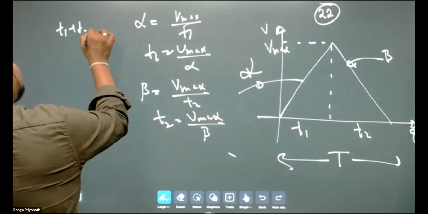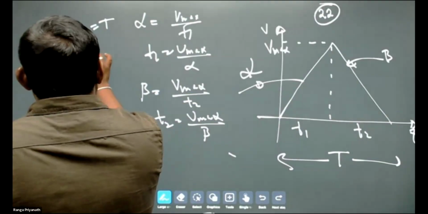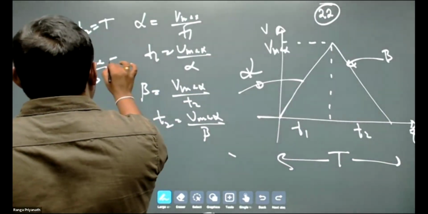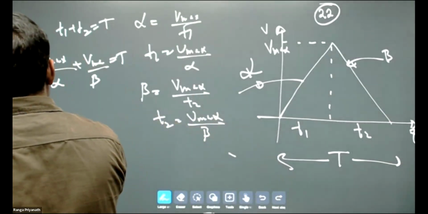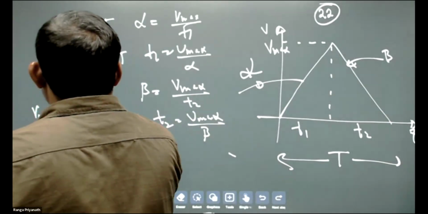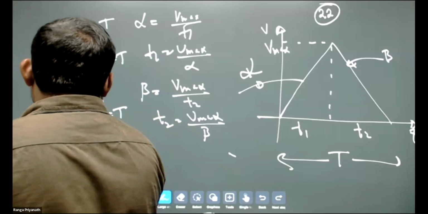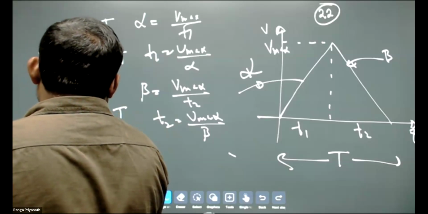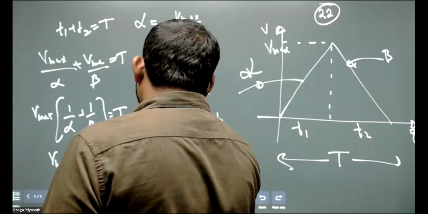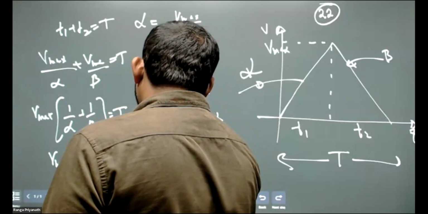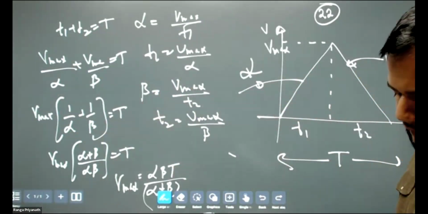T1 plus T2 is equal to capital T. That means Vmax over alpha plus Vmax over beta equals capital T. Take Vmax out: 1 over alpha plus 1 over beta equals capital T over Vmax. Vmax times alpha plus beta over alpha beta equals capital T. Vmax equals alpha beta T over alpha plus beta.